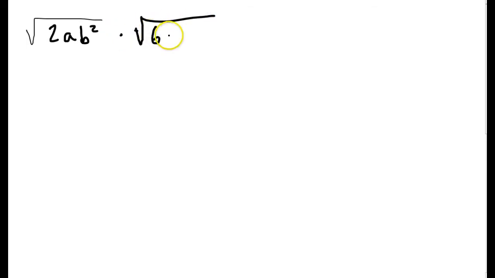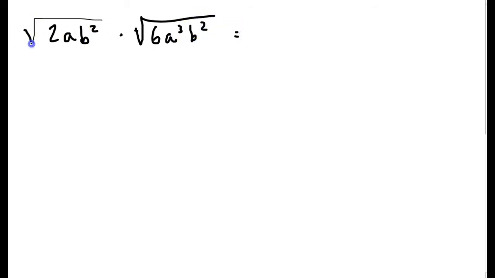Well, let's just try something. So we have the square root of 2AB squared times the square root of 6A cubed B squared.